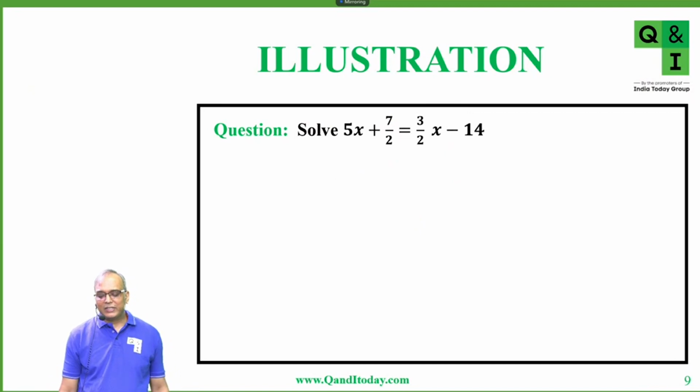Now in this question, again, you have to bring the variable on one side, bring the constant on the other side, and then solve it. I'll give you 1 minute to solve this question. Solve the question and give me the answer.